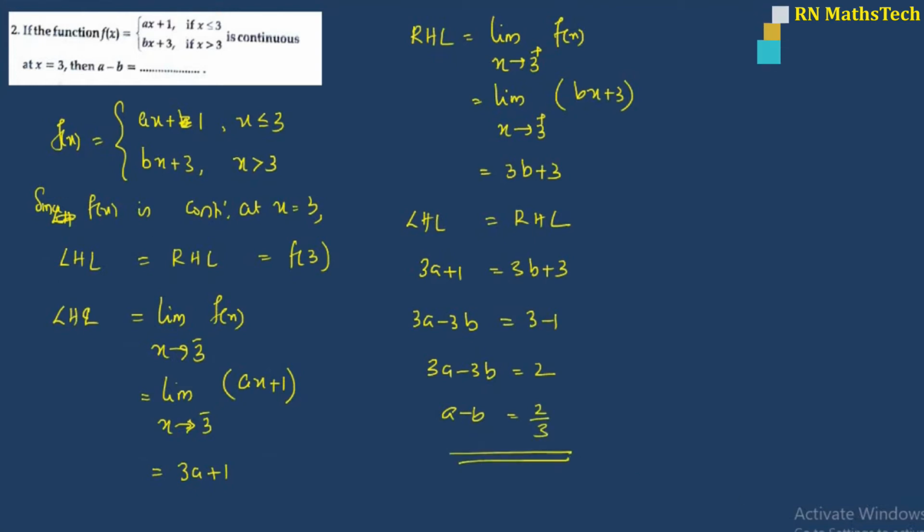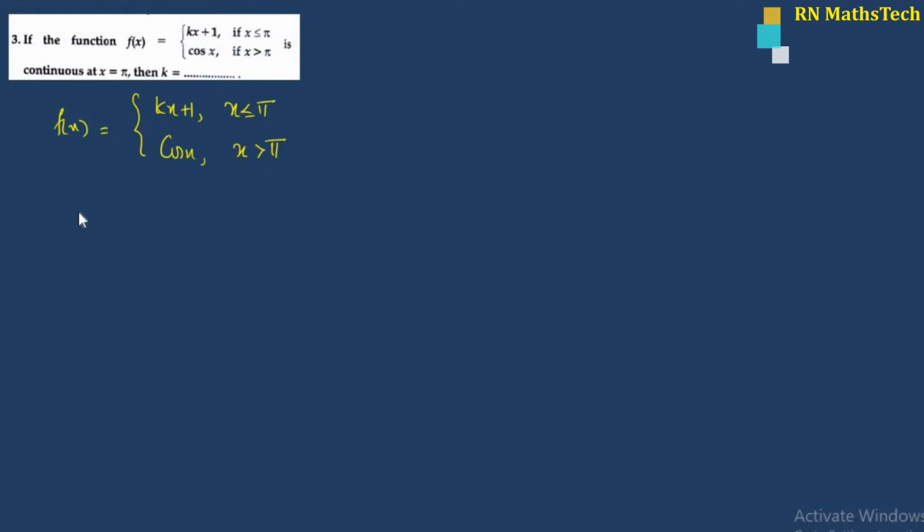Okay, here the function is f of x is equal to kx plus 1, and equal to cos x when x is greater than pi. Since f of x is continuous at x is equal to pi, left hand limit is equal to right hand limit equal to f of pi.